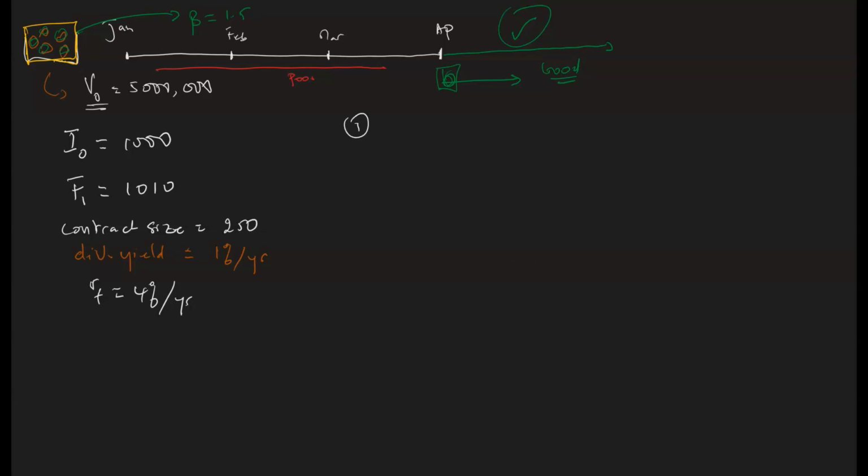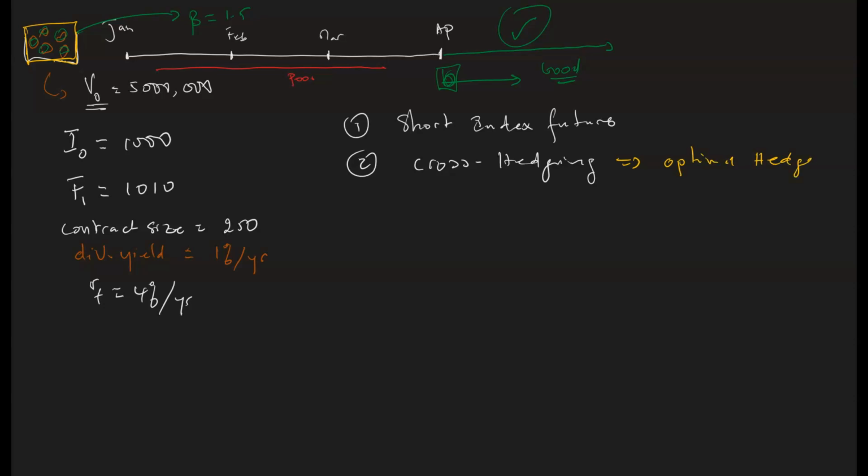So one, we know it is going to be a short index futures. And two, we know that we're going to be cross-hedging. And because we're cross-hedging, we need to find the optimal hedge ratio. It is that optimal hedge ratio that's going to tell us the number of contracts that we need to get.